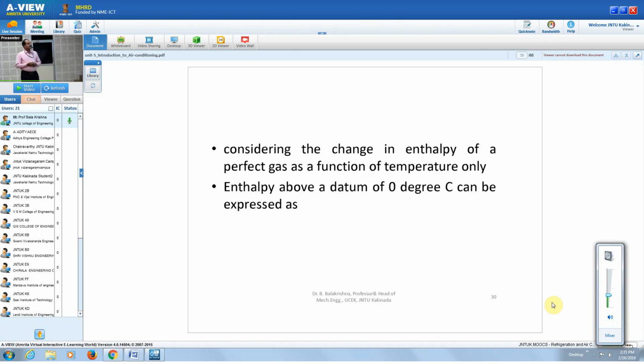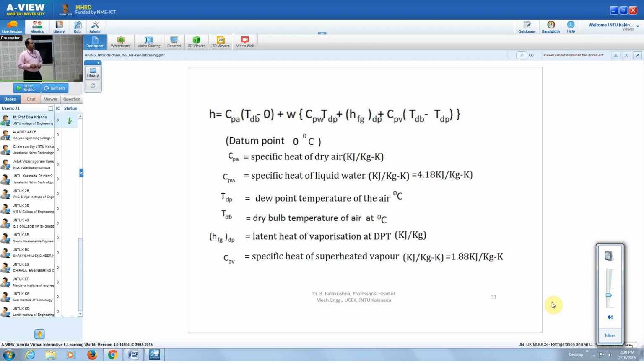Considering the change in enthalpy of a perfect gas as a function of temperature only, enthalpy above a datum of 0 degrees centigrade can be expressed by this formula, where CPA is the specific heat of dry air in kilojoules per kg Kelvin, and CPW is the specific heat of liquid water in kilojoules per kg Kelvin.